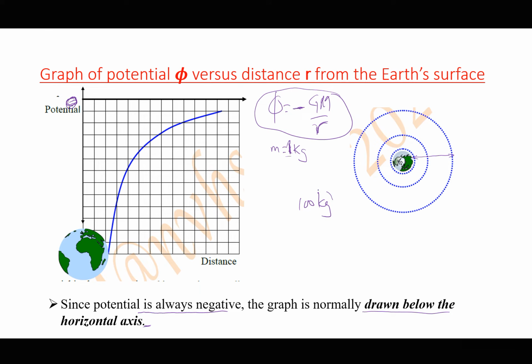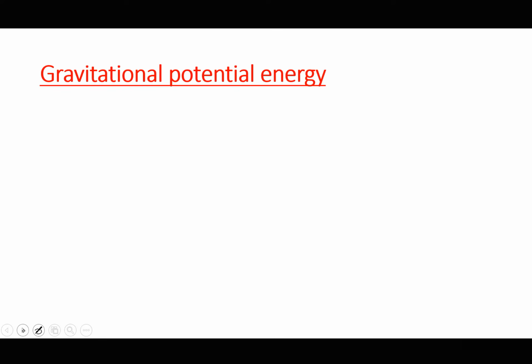Now that will no longer be gravitational potential, but instead gravitational potential energy. The work done in bringing the whole mass from infinity to a certain point in the gravitational field will now be the gravitational potential energy. When we consider just a unit mass, then we are referring to the gravitational potential. For the whole mass of the object, we shall call it the gravitational potential energy.